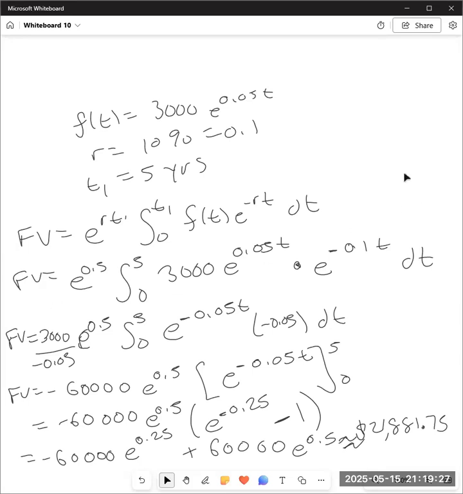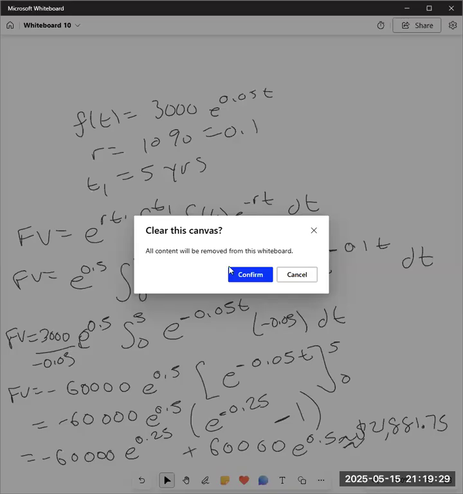Let's go ahead and look at number 81 to finish this up. And it's a little bit of a word problem, but same formula: future value is equal to e to the RT1, 0 to T1, f of t, e to the negative RT dt.